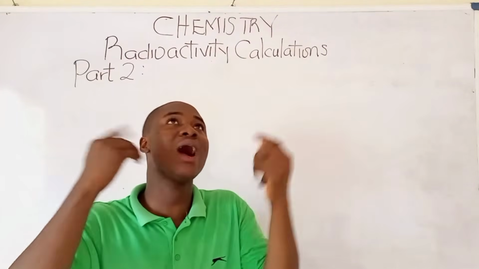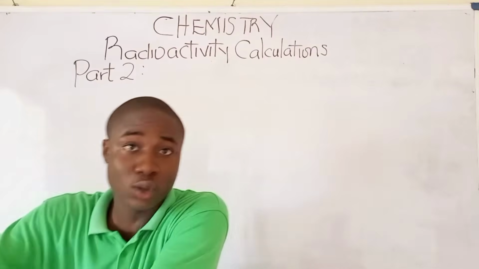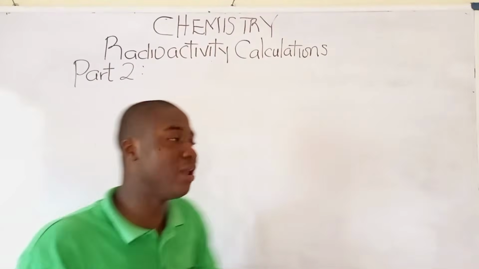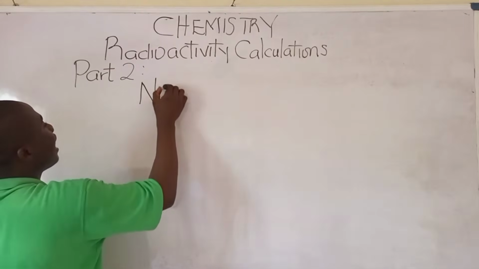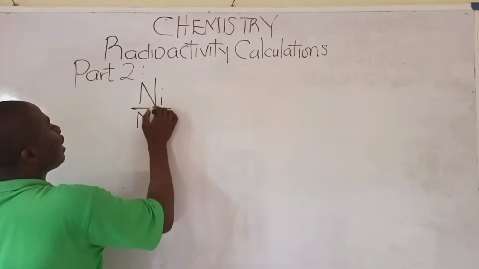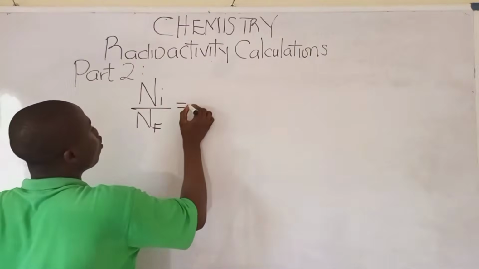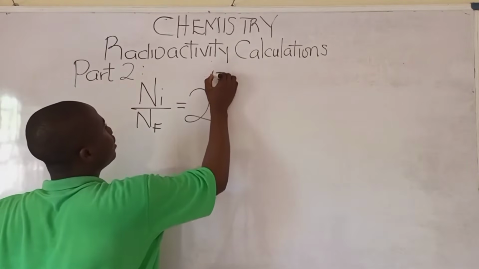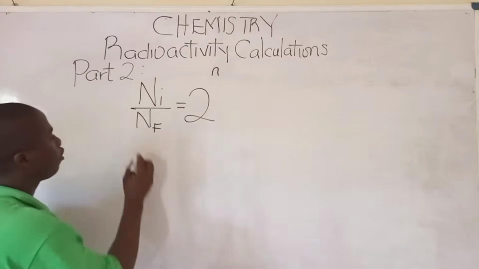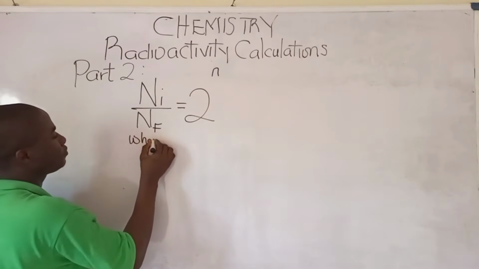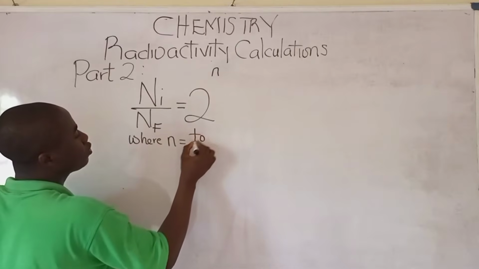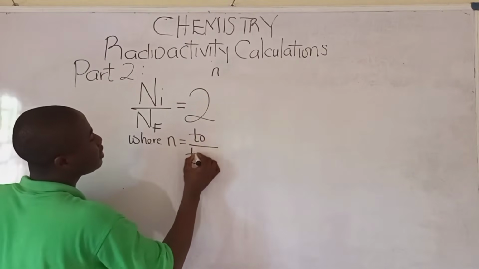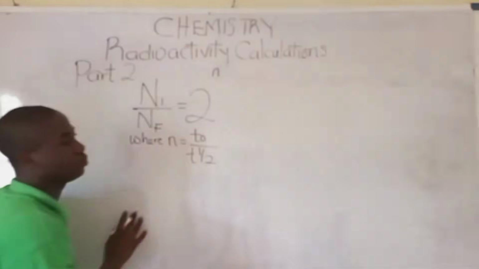Now, when you are asked such questions, which we'll be solving soon, you need to know a formula. And what is that formula? It is Ni over Nf is equal to 2 raised to the power of n, where n is equal to T naught over T1 over 2.